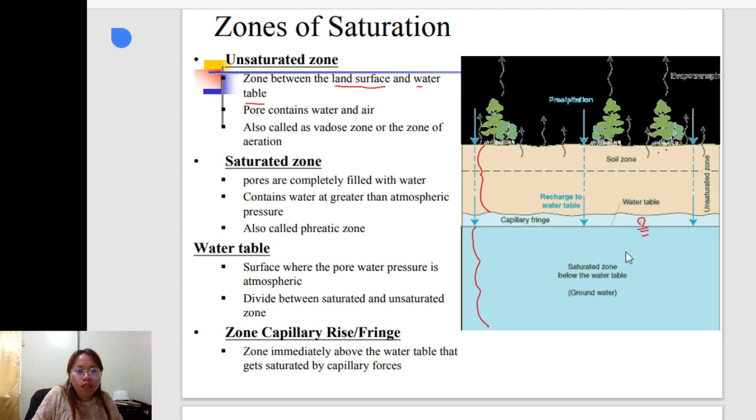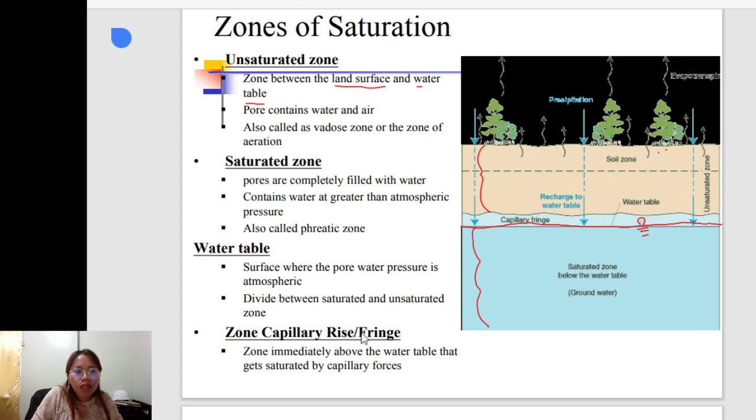The water table is a surface where the pore water pressure is atmospheric, dividing the saturated and unsaturated zone. This is actually the line for the water table. It divides the unsaturated zone and the saturated zone.